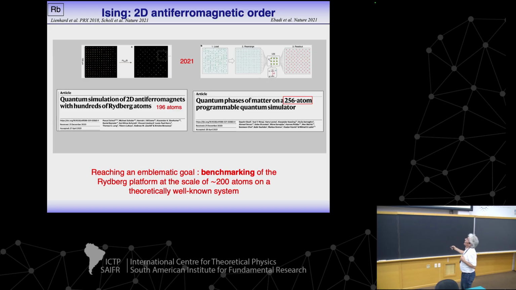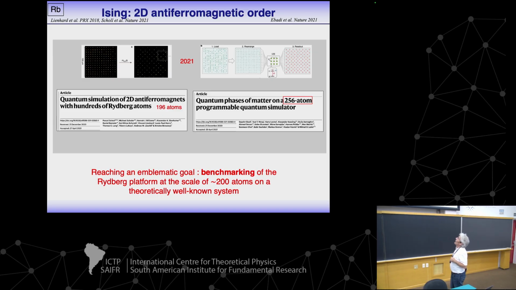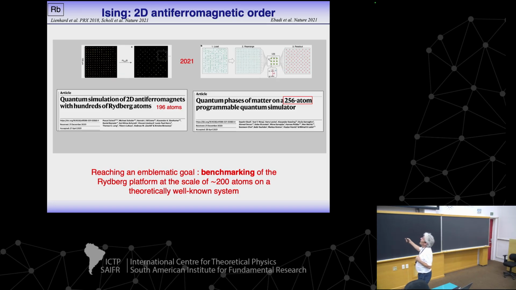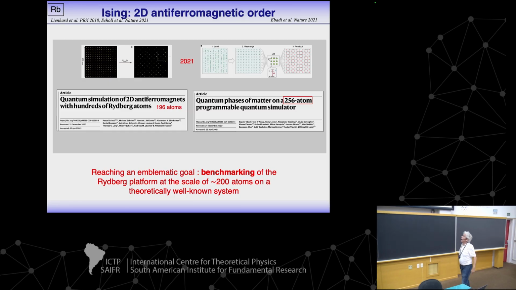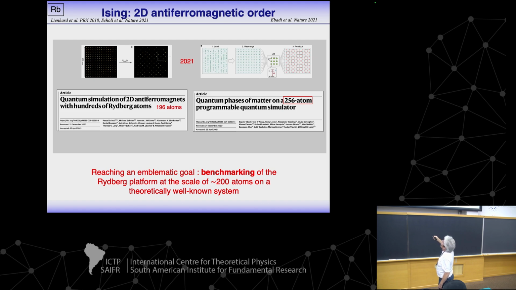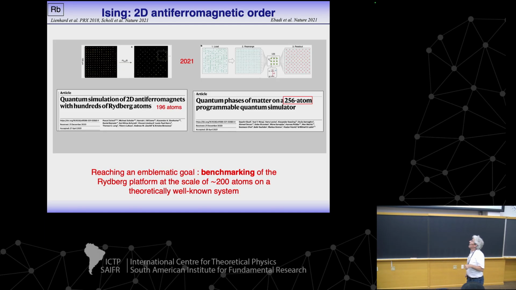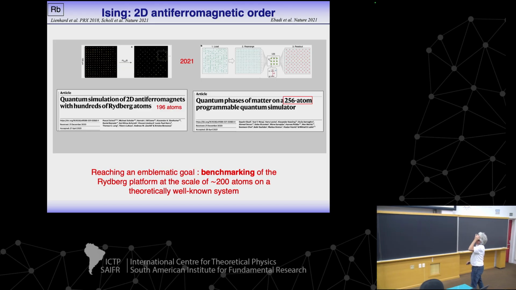So in two dimensions, when you start with all your tweezers at unit filling, after some adiabatic variation of the Hamiltonian, you end up with half of the atoms in the up-spin state, the other half in the down state. And indeed, you see that every time you have an up spin, within experimental imperfection, the nearest neighbor is in the down state. So that's the definition of this antiferromagnetic state.